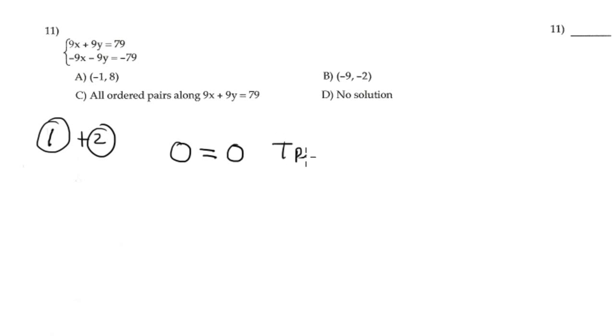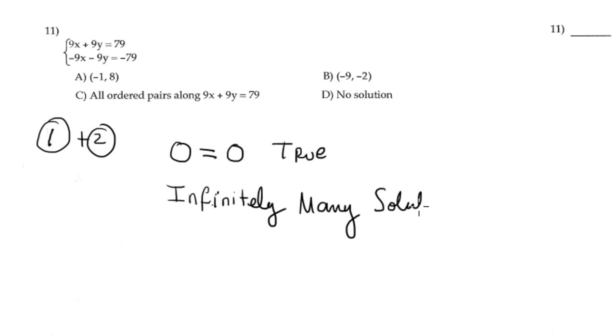That means that we have infinitely many solutions. Okay, how do we write that? It's a set formed by every ordered pair (x, y) such that it satisfies either equation, whatever you copy.